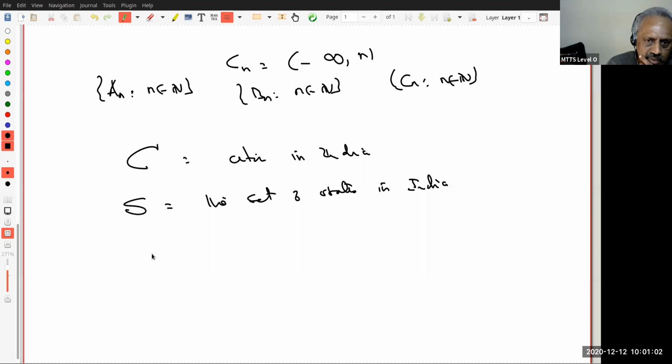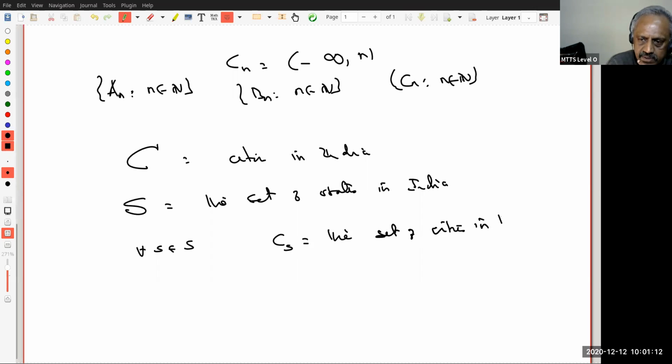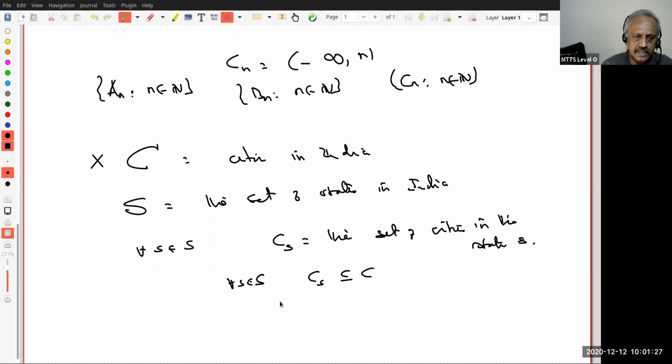Then for each s in S, I can denote by C_s the set of cities in the state. You understand this? C is like your X. Therefore, C_s is going to be a subset of C for every s, and you see that the indexing family has nothing to do with numbers or anything.